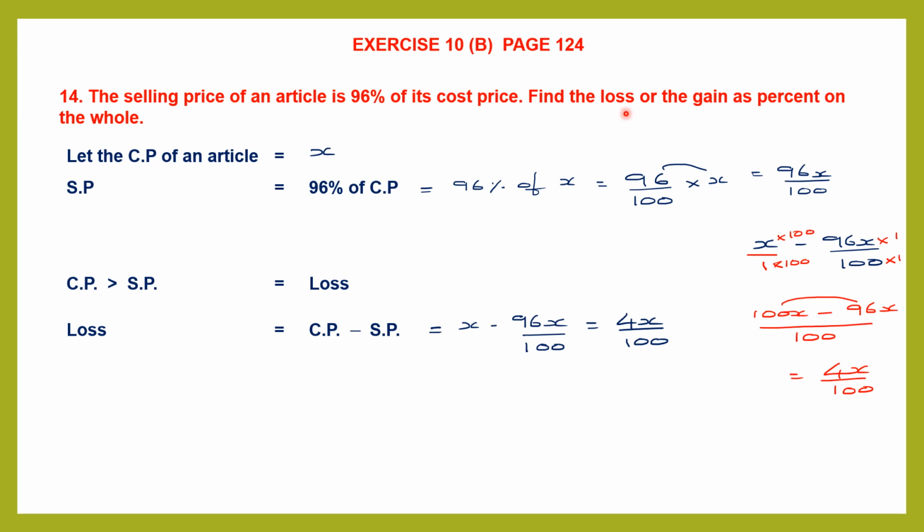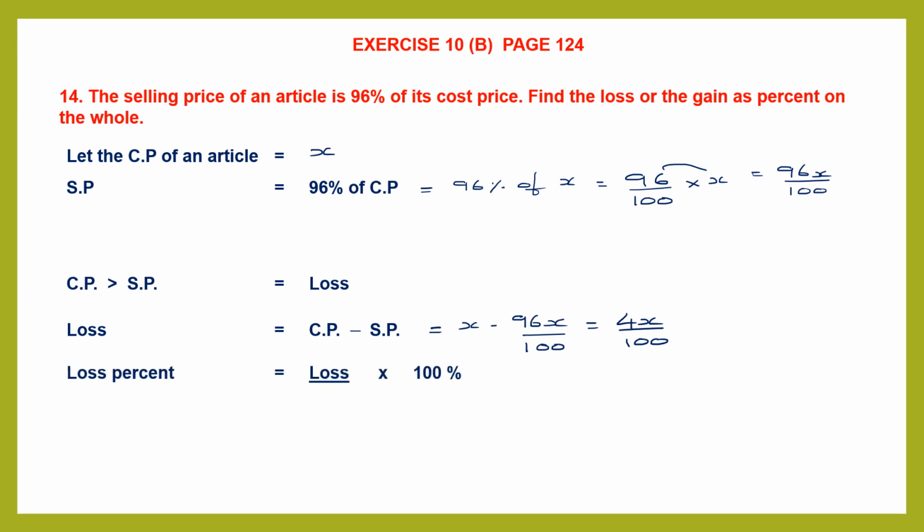So we found out that it is a loss and we know what the loss is. Now we have to find the loss percent. So to find the loss percent, the formula is loss divided by cost price into 100. And the loss we found out to be 4X by 100 divided by the cost price. So let's put the division sign here. Divided by the cost price, and the cost price is X. Now multiply by 100%. So now this will be 4X by 100. Division changes to multiplication.